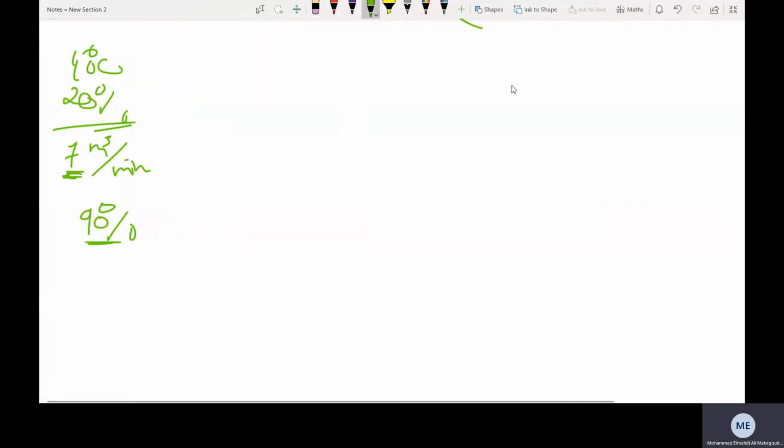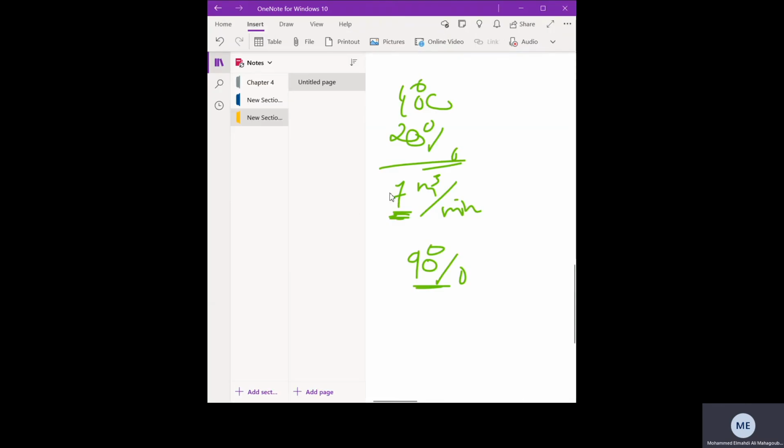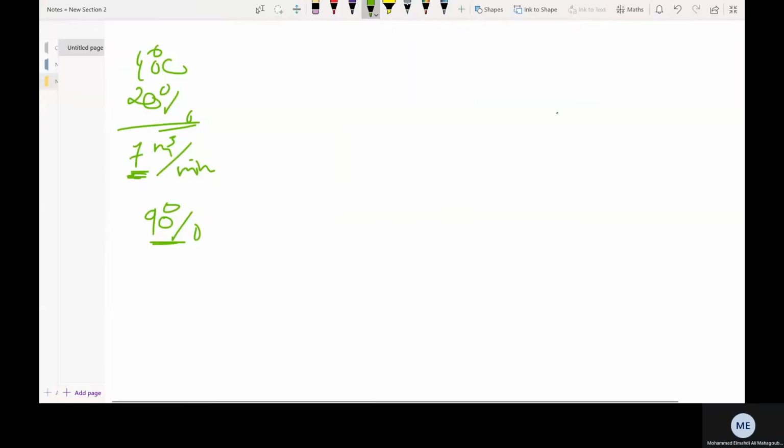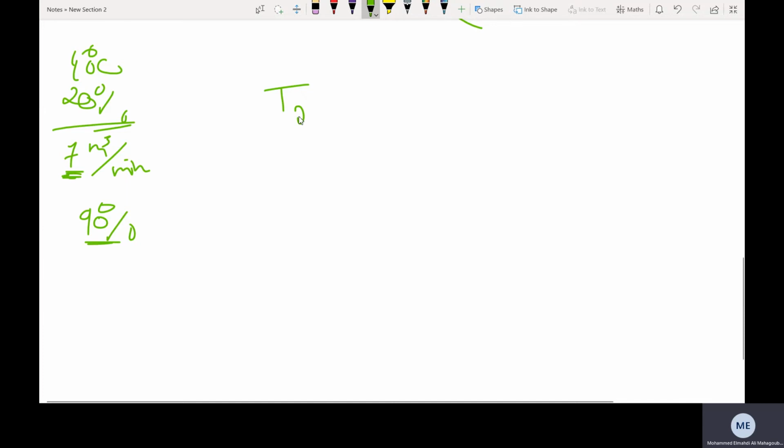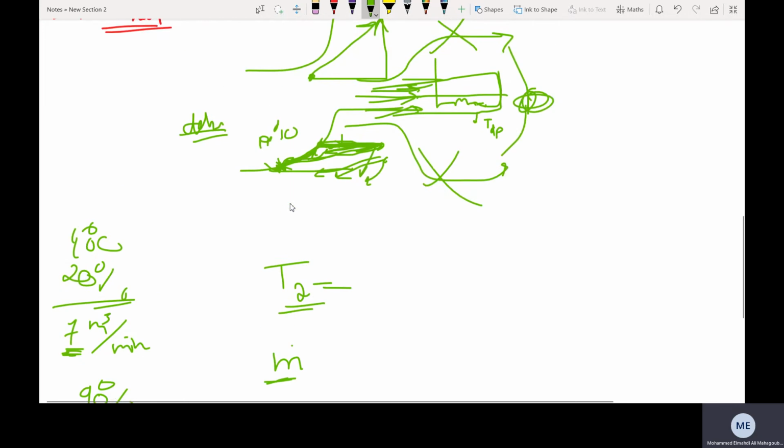So two things I need to determine: what is the exit temperature of air, T2, where of course he means the dry bulb temperature, and what is the required amount, m dot, of water supply to make this evaporative cooling?